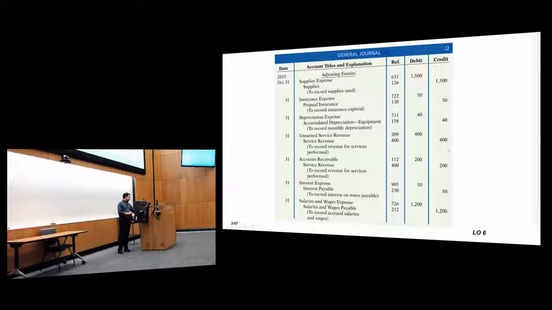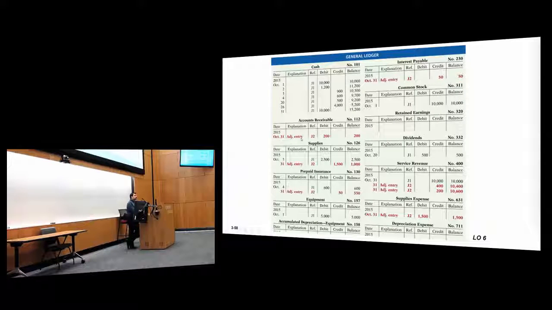As you can see here, you have a header called adjusting entries. This is to explain that this entry came from those adjustments. As you can see, the date is always the end of the month, the end of the accounting period. Okay? Any questions?